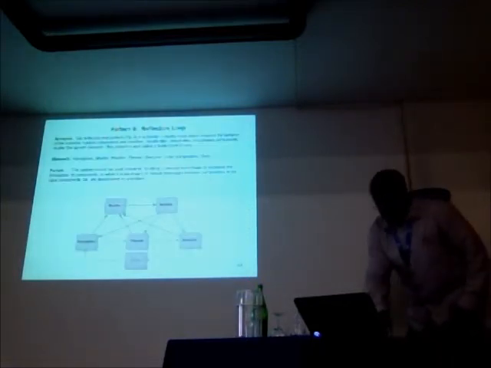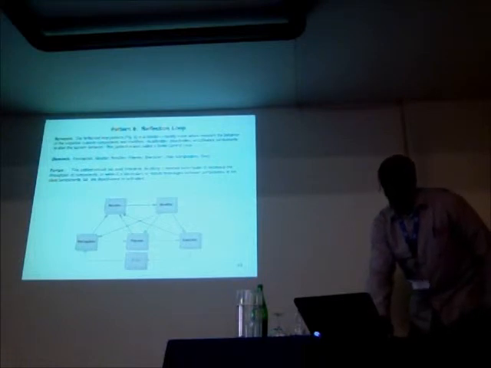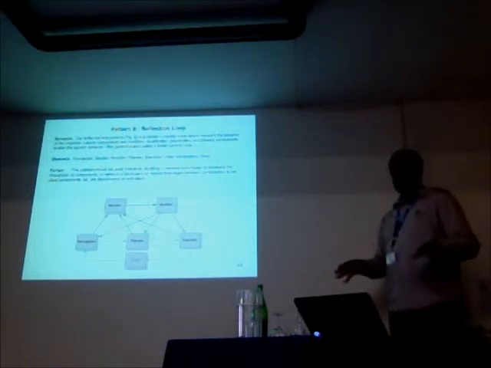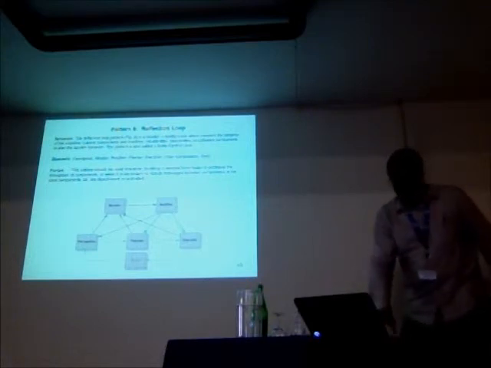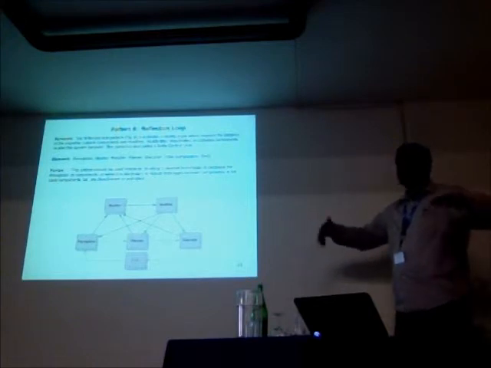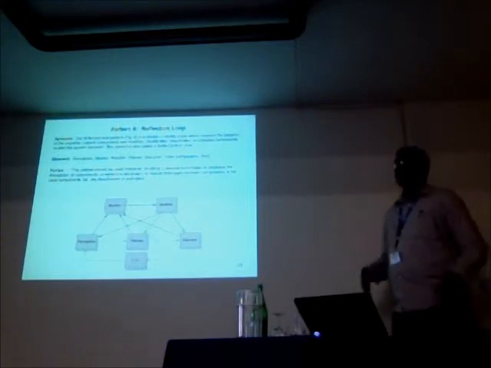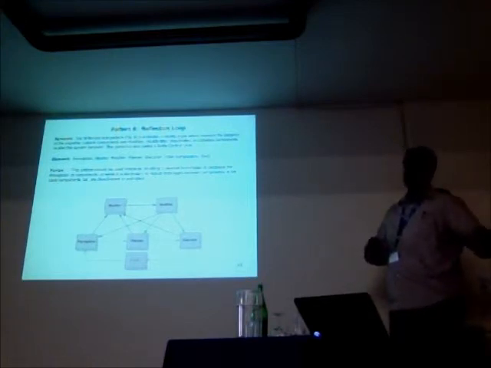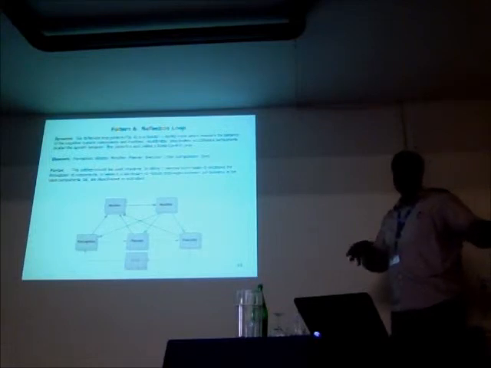Reflection loop. Basically, reflection is whenever you need to throttle components, or you need to increase and decrease the throughput of the components. So via reflection, a monitor process monitors all the components in the system, and then a modifier will change the components. Maybe it'll turn some off, maybe it'll turn some on, maybe it'll allocate more as necessary.